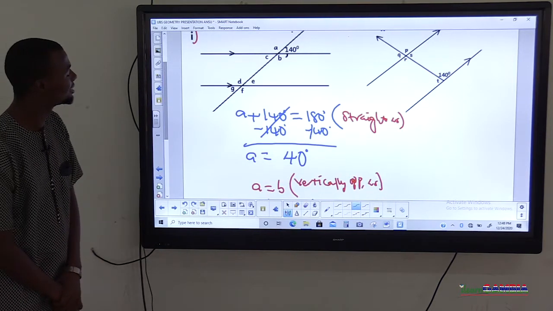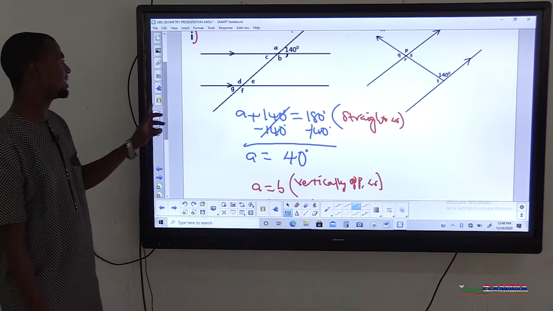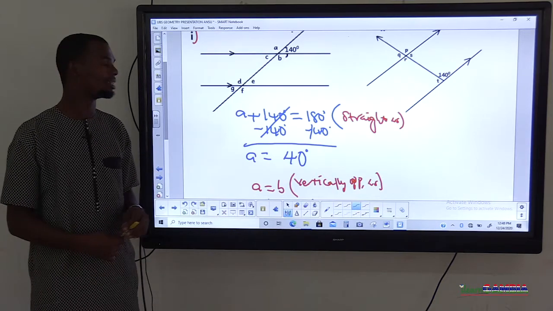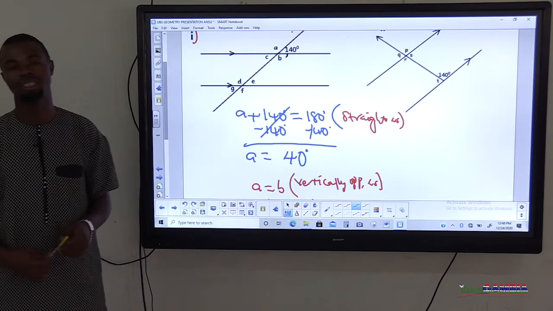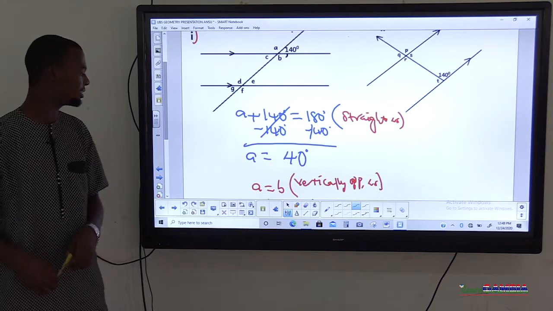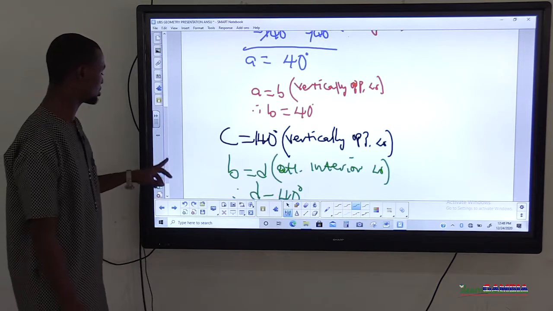We find letter E. Letter E and letter C are alternate interior angles.